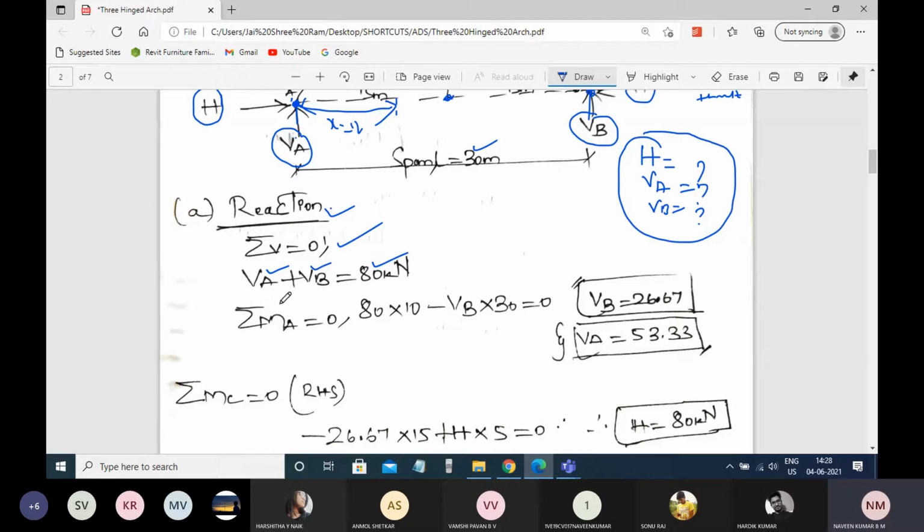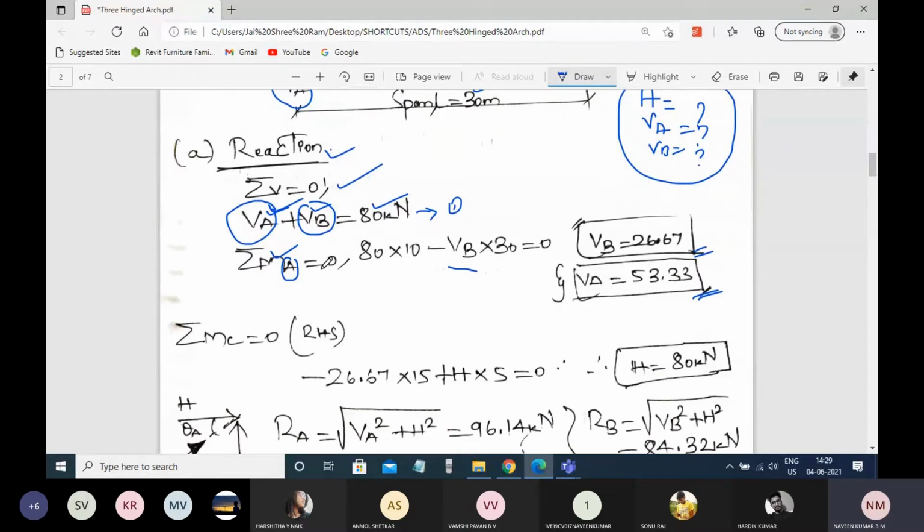Next, in order to find one particular unknown, either VA or VB, you need to consider moment at any one support. If you consider moment at A, you'll get VB. Once you get VB, you can easily substitute into this equation to get one more unknown, that is VA. Is it clear? These are the steps that you need to follow.